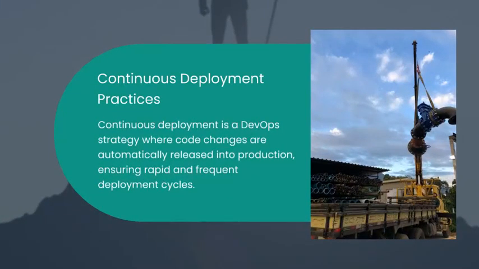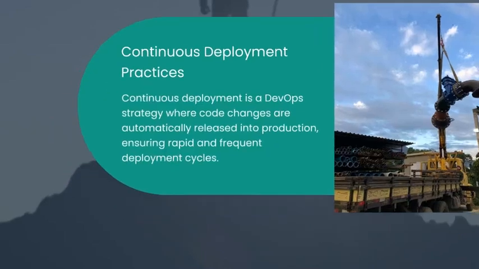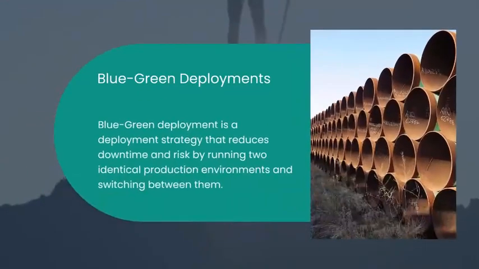That's a standard practice, but it's not mandatory. Continuous deployment is a DevOps strategy where once the code is changed, it is automatically released into production, with short, rapid, and frequent deployment cycles.